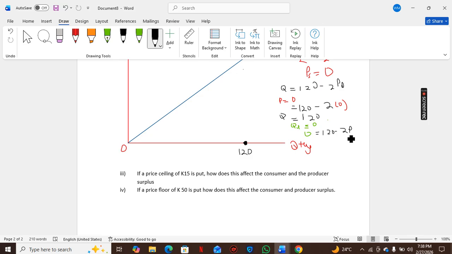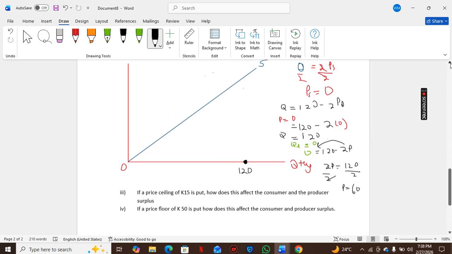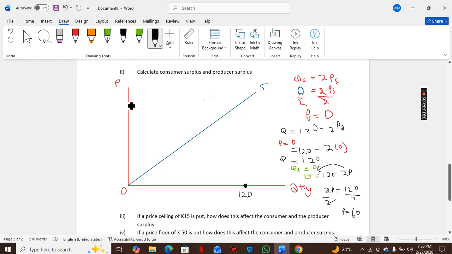So we need to find the value of p. This negative 2p will go over the equal sign, so we're going to have 2p equals 120. 120 divided by 2, that is 60. So the price is 60 kwacha when the quantity demanded is 0. So here on our y-axis, we're going to put 60.